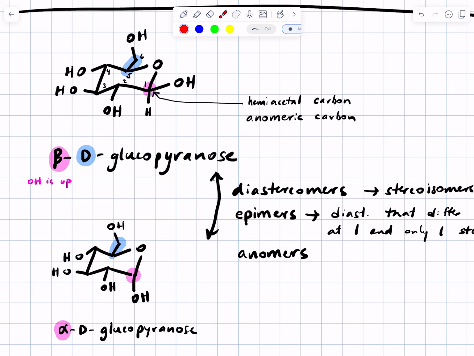But L and D are assigned not by whether the molecule rotates light in the left versus the right direction, but based on structural similarity to a parent compound called glyceraldehyde.